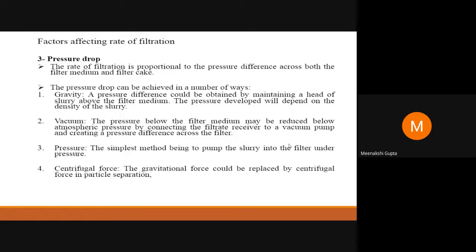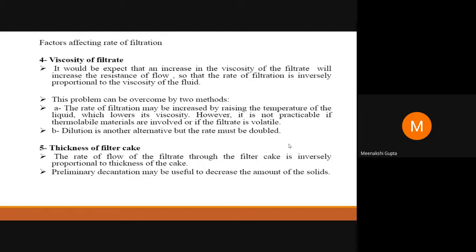We all know centrifugal force helps in the separation of solid and liquid. But here we can also use this centrifugal force for filtration purposes. So it will just help in removing the solid from the liquid.